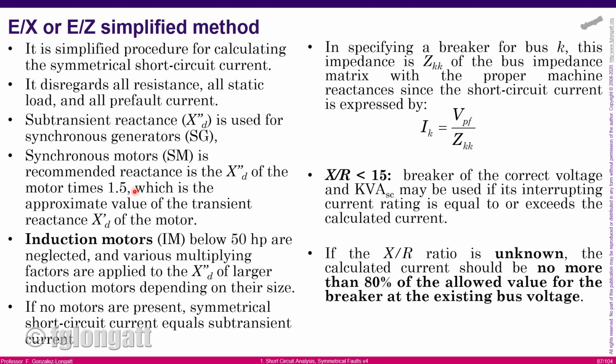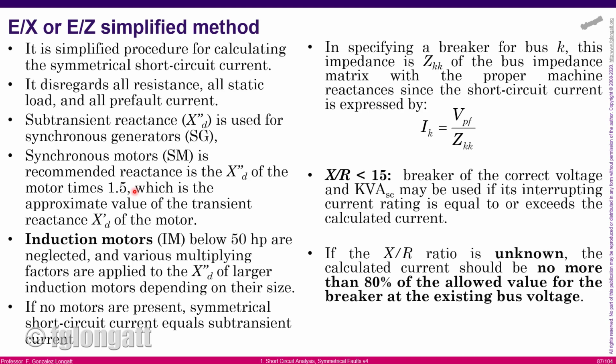But if you are using synchronous motors and you want to calculate the interrupting current, you need to multiply by 1.5, and that will be the approximate value for the transient reactance, and you can use the transient reactance to calculate the interrupting short circuits.